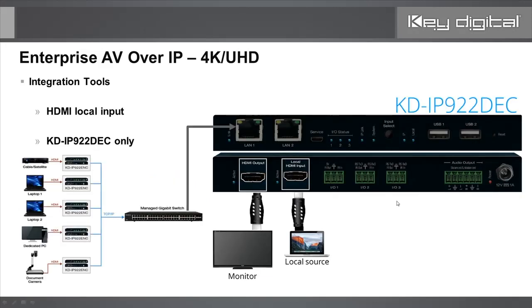On the decoder, there is an HDMI output and a local HDMI input, so your output can either be the video over IP selected source, or it could be the local HDMI input for a localized presentation versus a global distribution, if you will. Now that local source is not able to be fed into the video over IP system through this, though. It is just a localized 2x1 switching on the decoder.